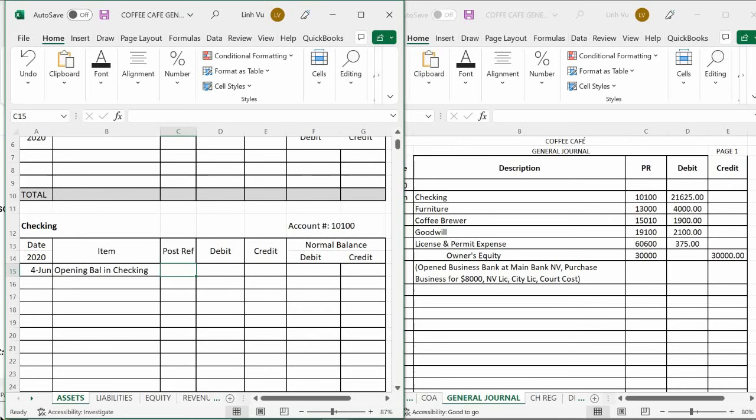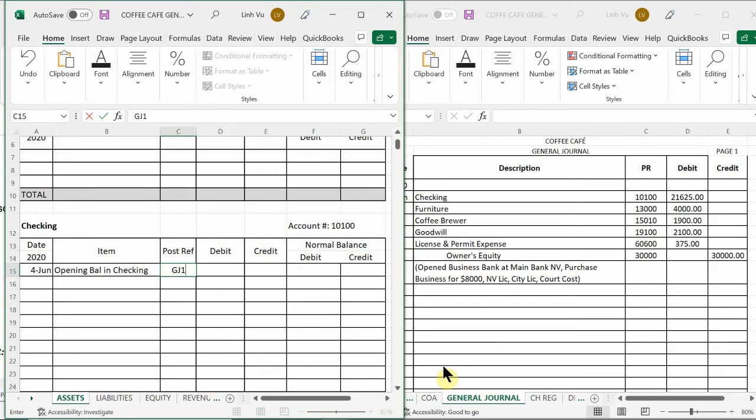We're on our first general journal page, so I'm going to use GJ, general journal page 1, as my reference point. That means, how do I know that this transaction occurred? Well, it occurred on my first general journal page.